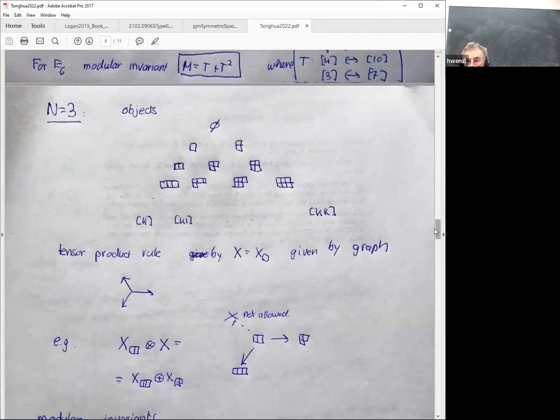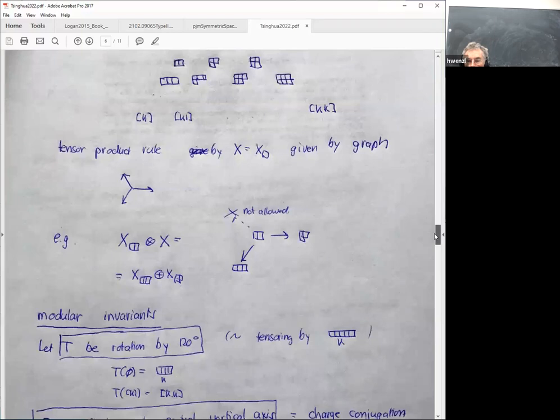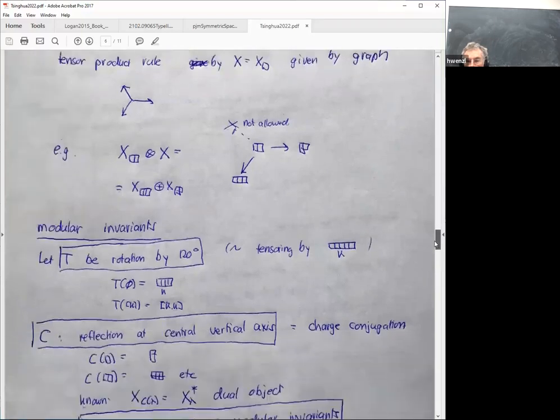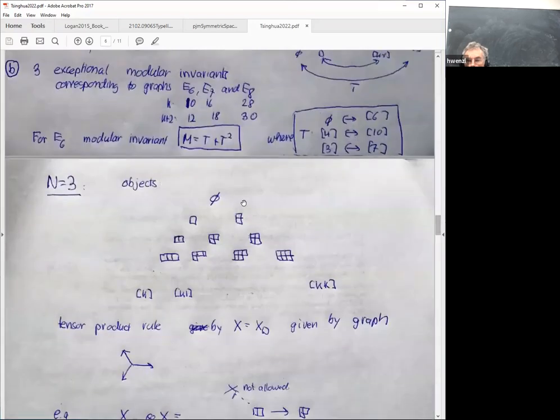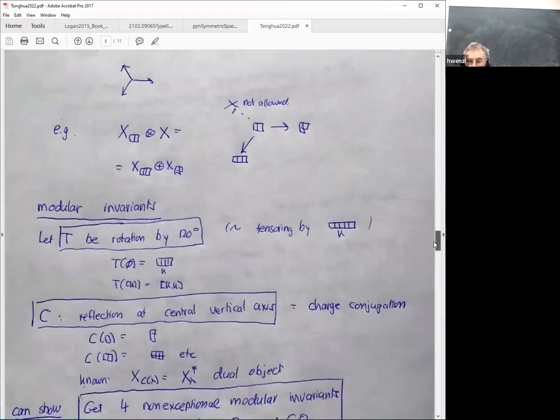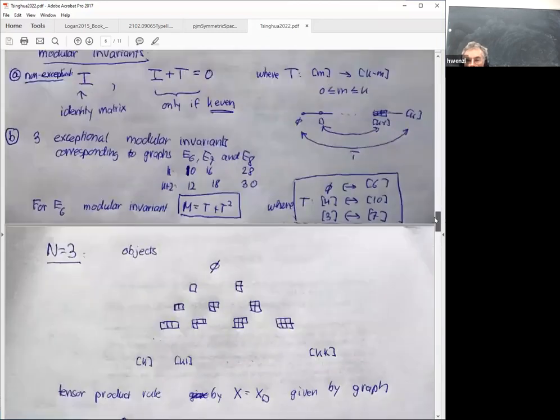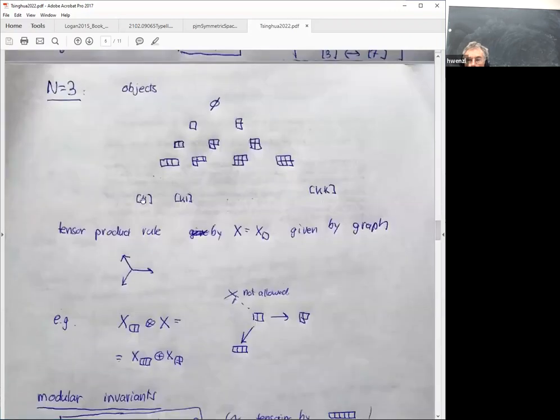Namely, one can show that one of them is related to the rotations by 120 degrees. This can be achieved by tensoring via the object here in the left down corner.